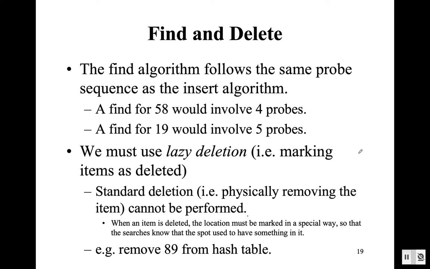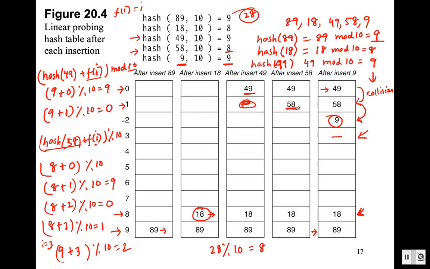Now let's see, if we are looking for 58, how many probes are we going to need? For 58, we start from 8, then 9, then 0, then 1. That means 1, 2, 3, 4. If we are looking for 9, we start from 9, then 1, 2, 3, 4.